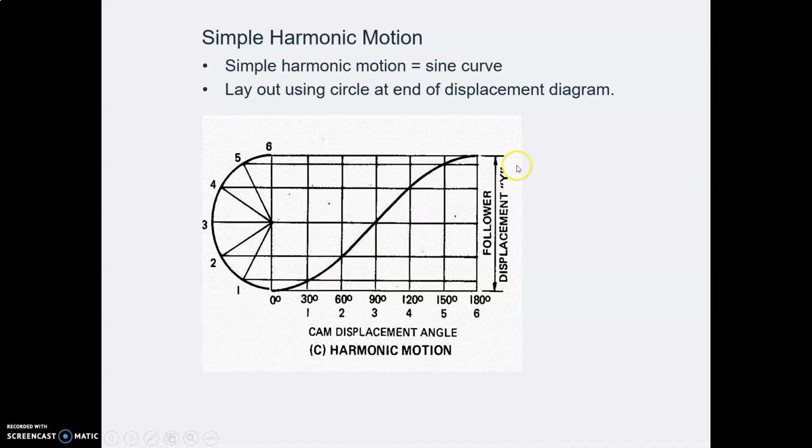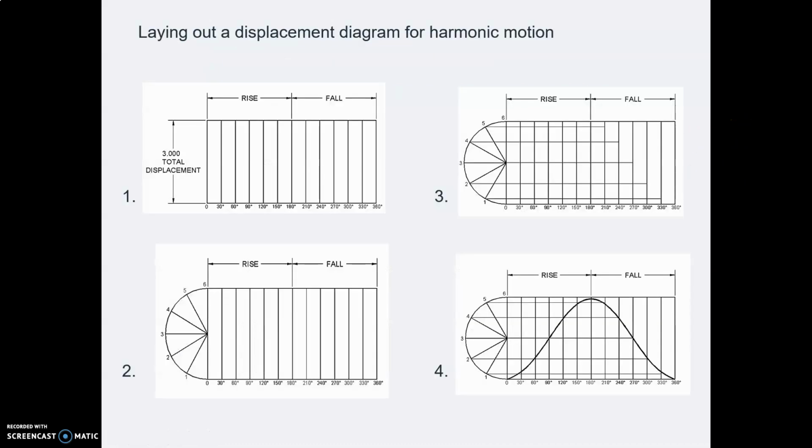And they're relatively smooth if you're thinking about a follower. And in a separate slide, we'll look at how actually to lay these out. But the basic idea is, here's a displacement diagram that's 3 inches high. Let's say you want a sine curve both rising and falling.